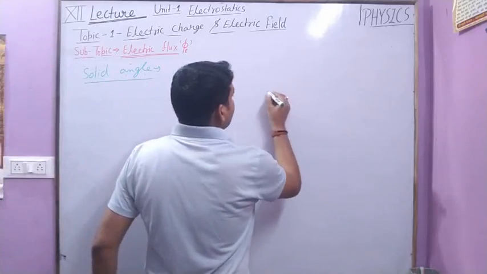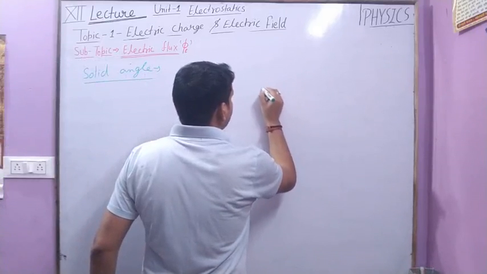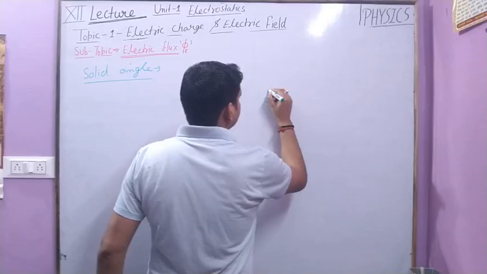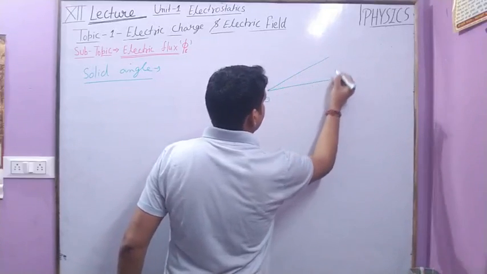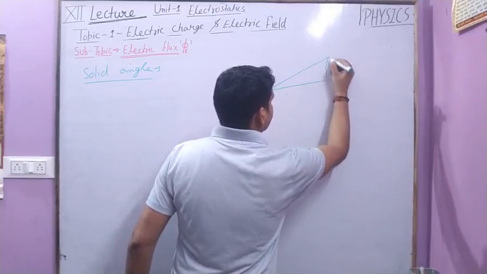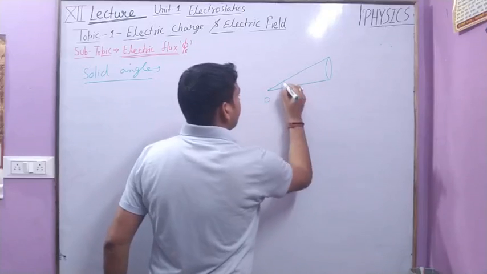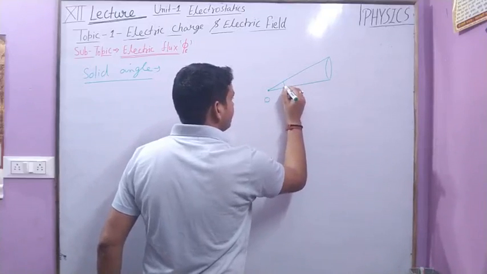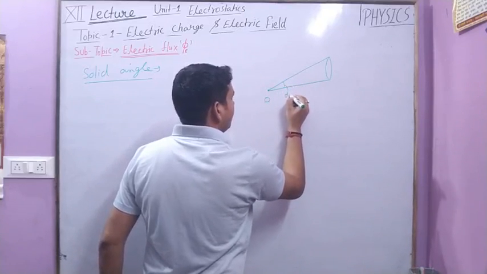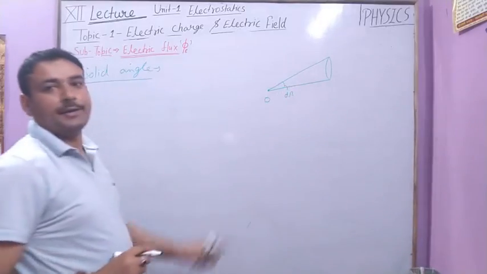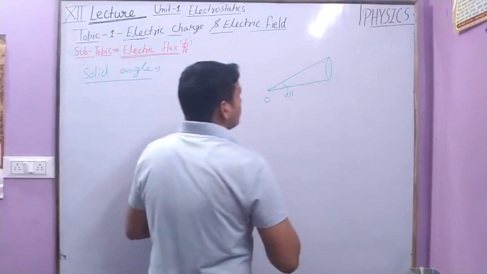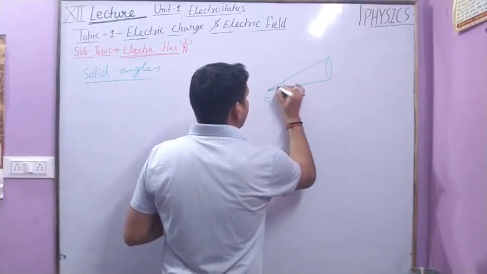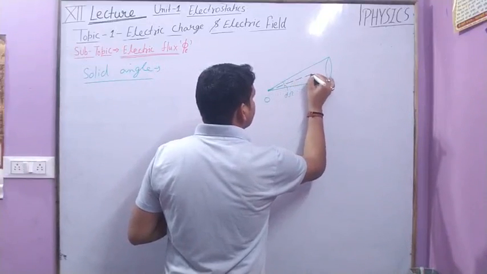Suppose we have a point O and there is a solid surface having an angle; this angle is called a solid angle and is denoted by d omega.